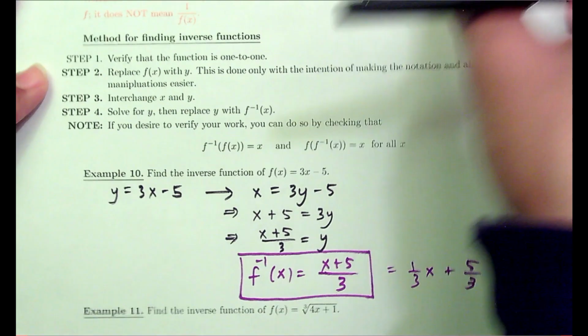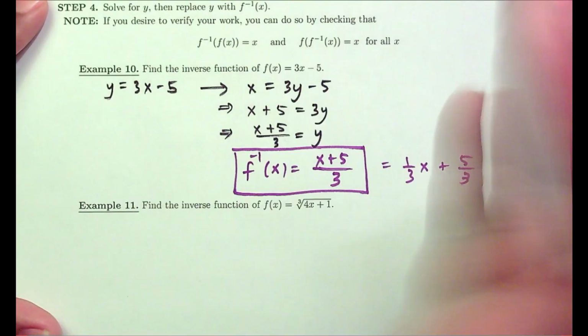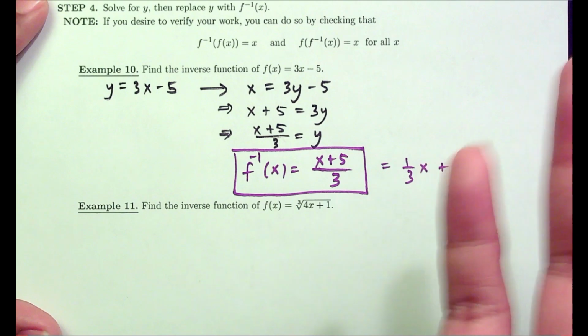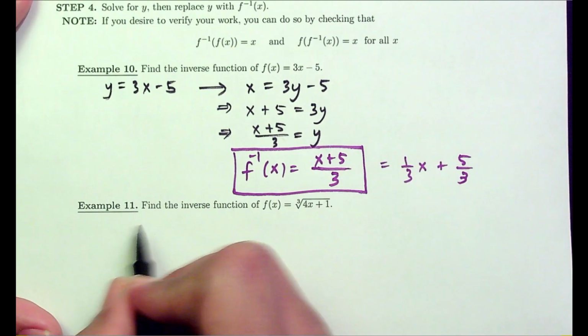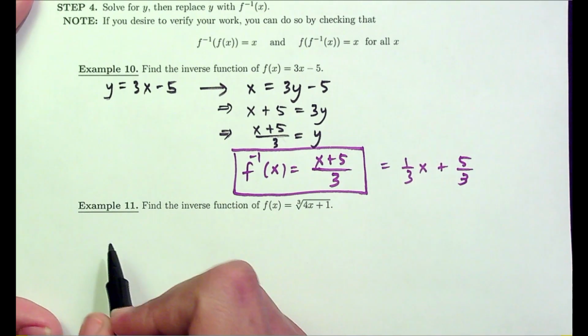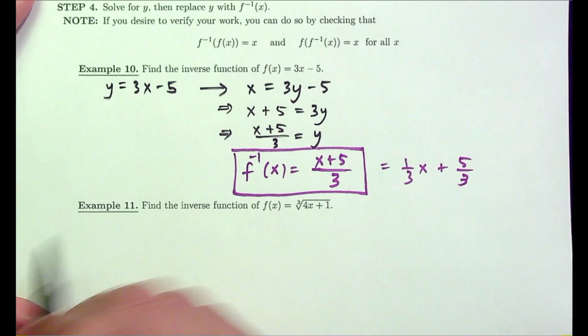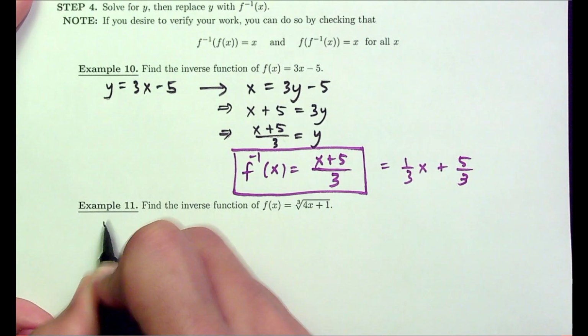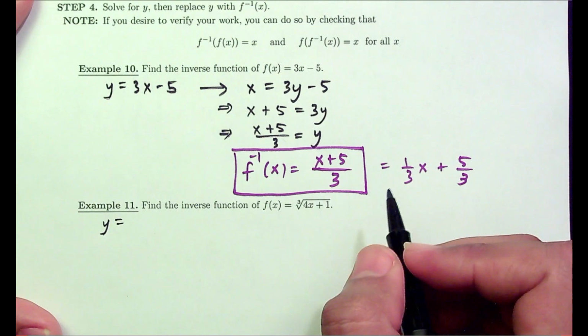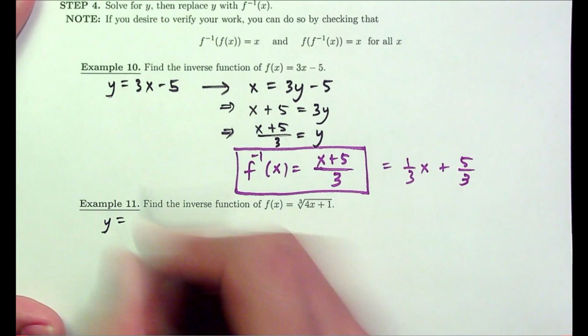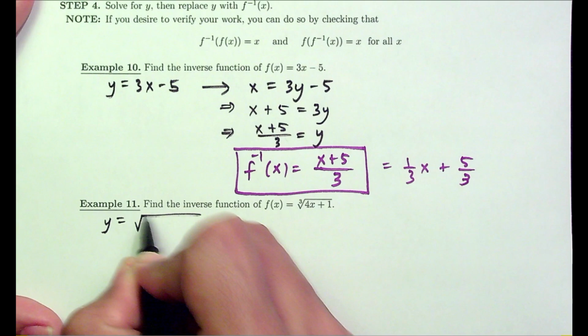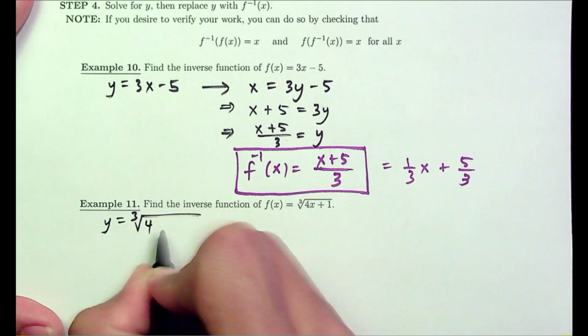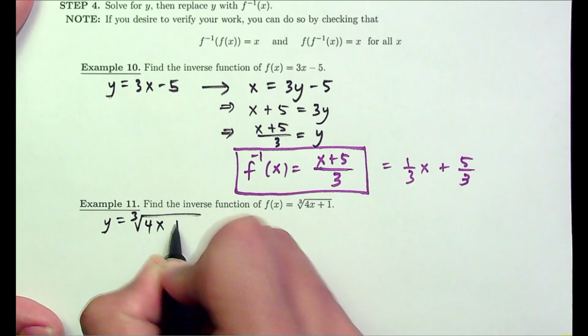So the first thing you do is write y instead of f of x. So y equals cubic root of 4x plus 1.